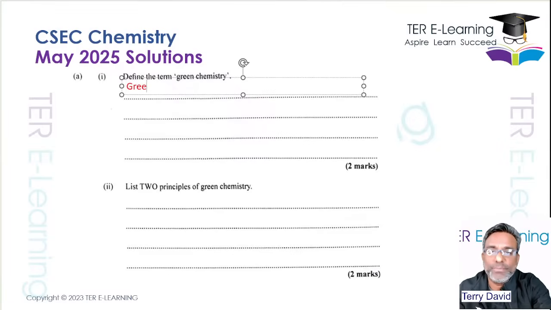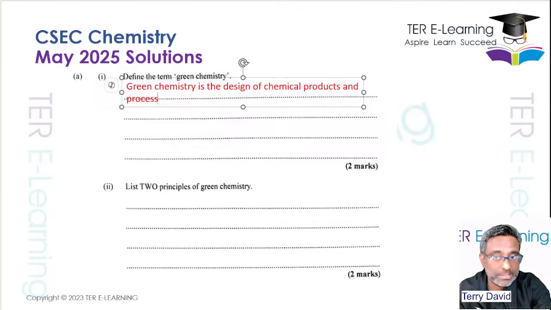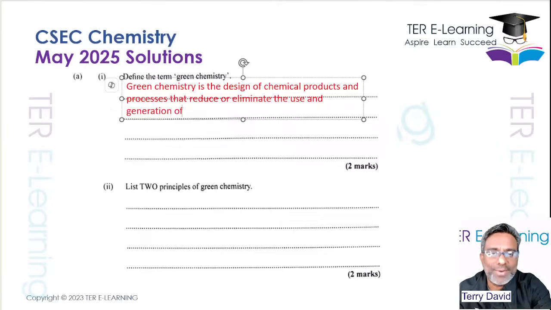So green chemistry is the design of chemical products and processes that reduce or eliminate the use and generation of hazardous materials.